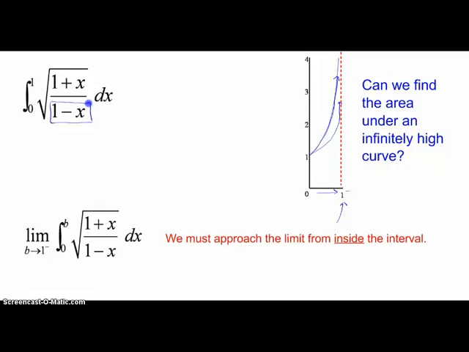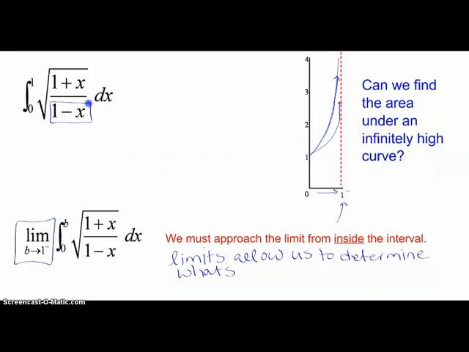So we have to bring the limit to the party, because limits allow us to determine what's happening near. Right? That was the whole idea of nearness.